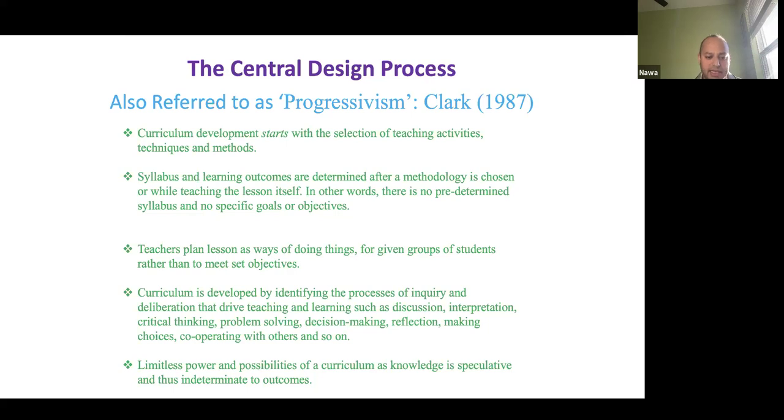It advocates that, as knowledge is speculative, we should give immense power to explorative learning, because if we already decided what objectives to meet, or what contents to cover, that may limit the possibilities of learning. That's why the central design puts a lot of effort on the process.